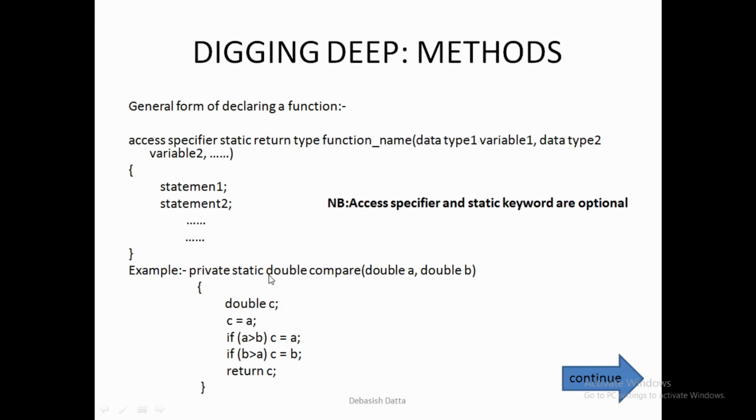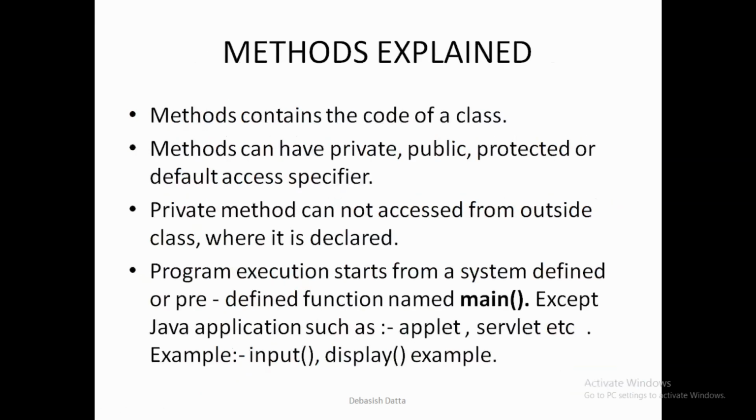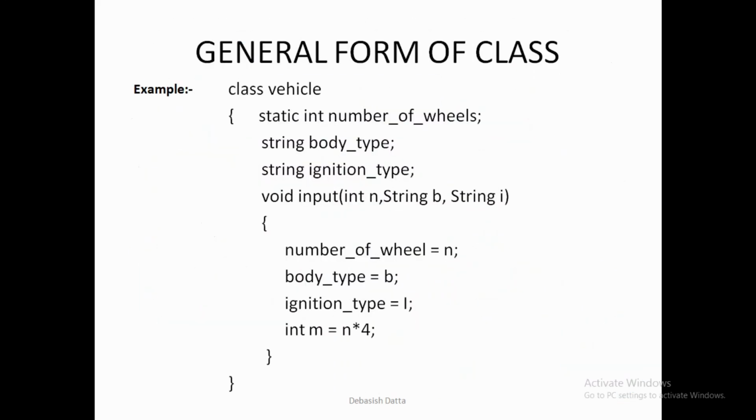Now this return type is a very important part of a method. It is also mandatory. We often see that whenever we declare a method, we sometimes write void. As you can see in this example, this input method is preceded with a void. This is also a return type. What void indicates is that this function is not going to return any value.